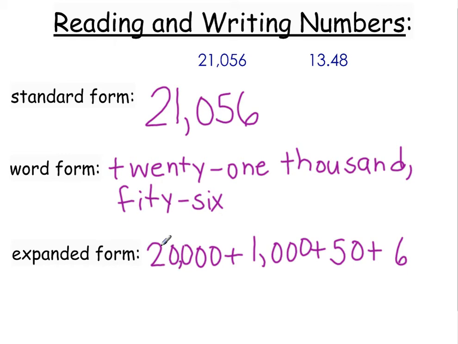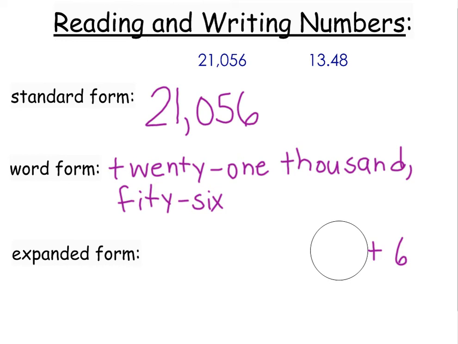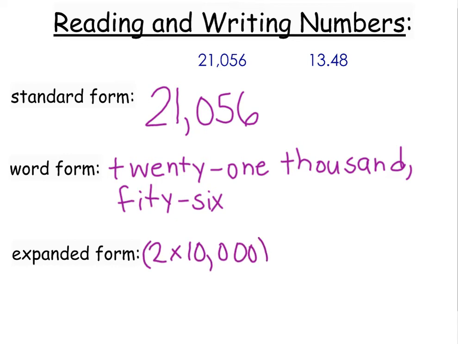Now in 5th grade, we're going to write expanded form using algebraic expressions. So 2 is in the 10,000s place, so that's the same as saying 2 times 10,000. We're going to go ahead and write that out. 2 times 10,000. 1 is in the thousands place.